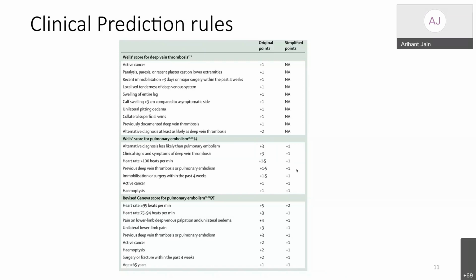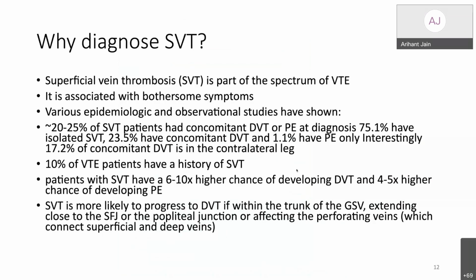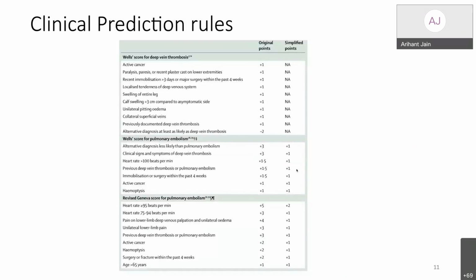So based on these clinical prediction rules, you would be able to know whether there is a high possibility of DVT or a low possibility of DVT, and that would further help you channelize your investigations. We'll come to that in the diagnosis part.